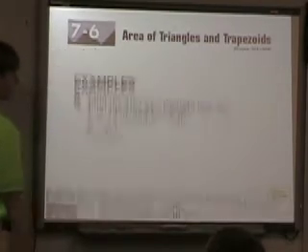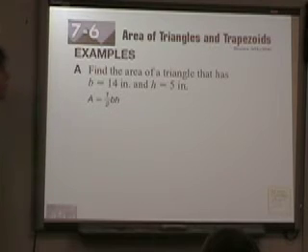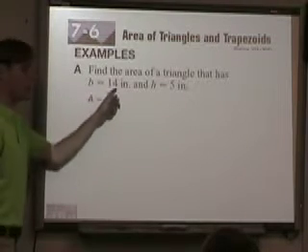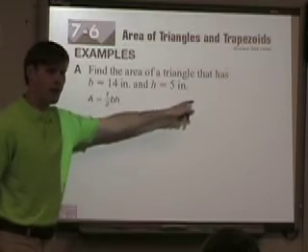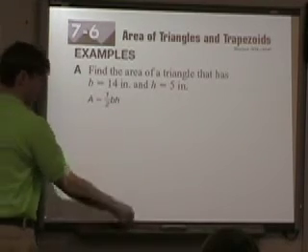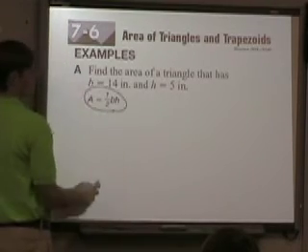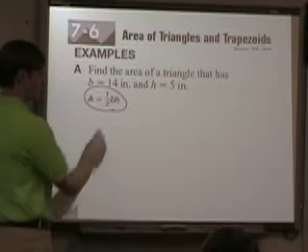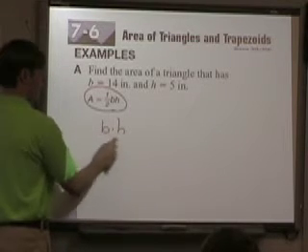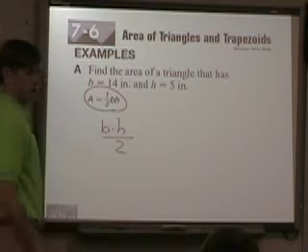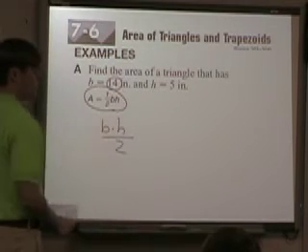So let's try an example. It says find the area of a triangle that has base equal to 14 inches, height equal to 5 inches, and this is your formula. We're going to do it a little bit different. We're going to say base times height divided by 2. So what's the base? 14.